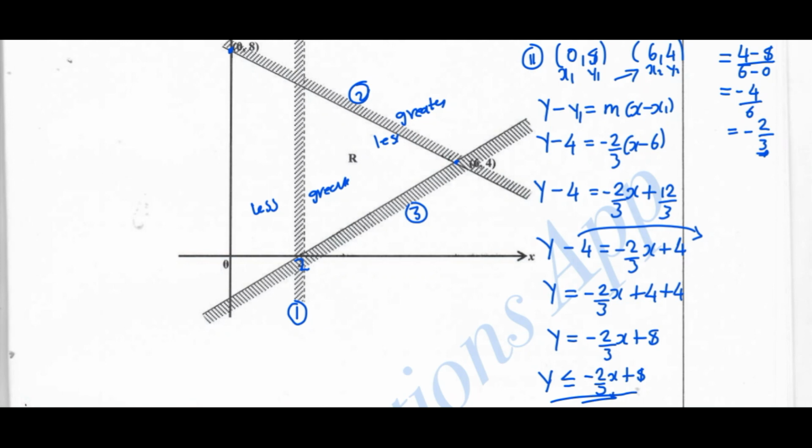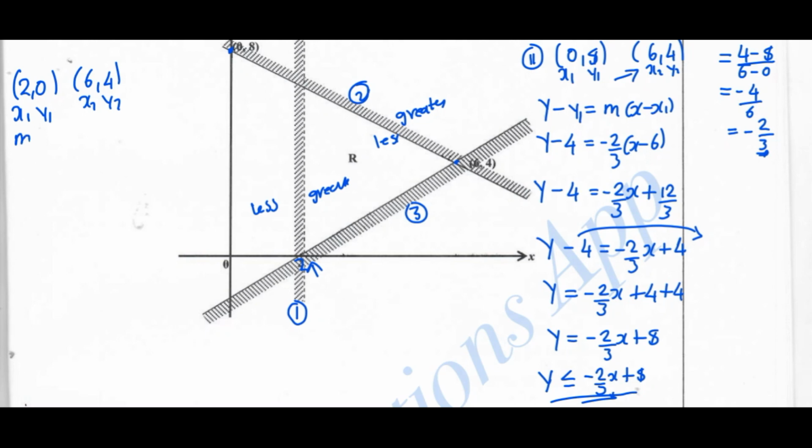Now let's go to the third one. The third one here, this will be (2,0), the coordinates here, x1 y1, then (6,4). These two coordinates are being shared by these two lines.